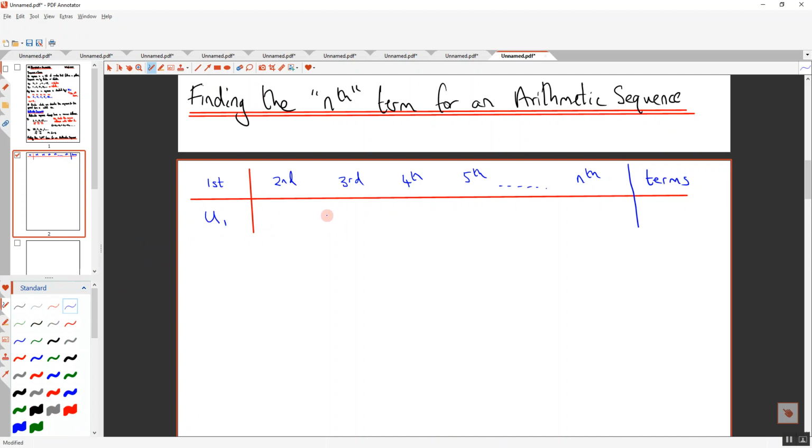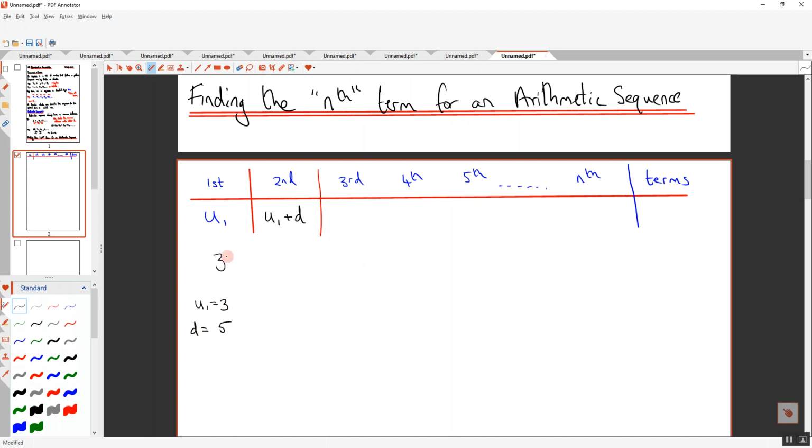Now, what is the second term? It's u2, right, but in terms of u1, what is it? u1 plus d, because it's the first term plus the difference. Now, if we want to think of it in numbers, let's imagine the first term is 3 and the common difference is 5.